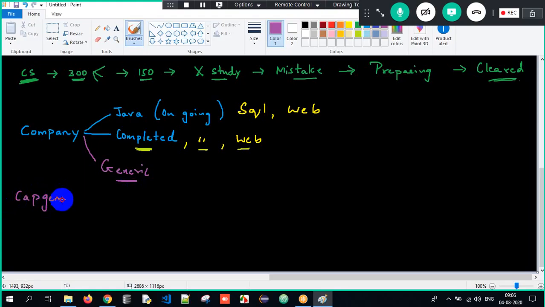Most of the time they'll come for generics, for Java ongoing, and Java completed. They'll come for all three. So based on the requirement, you should be able to do it. Hexaware is one more company. Hexaware will ask for generic, and for 2021 pass outs only. A lot of companies are there with us, guys.